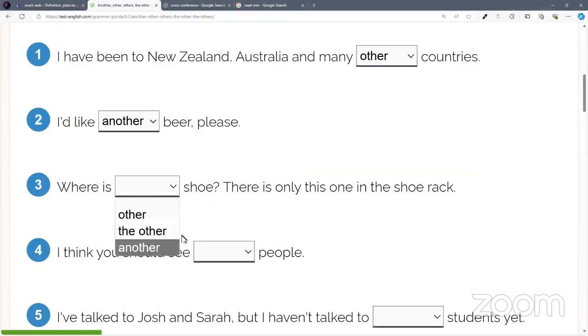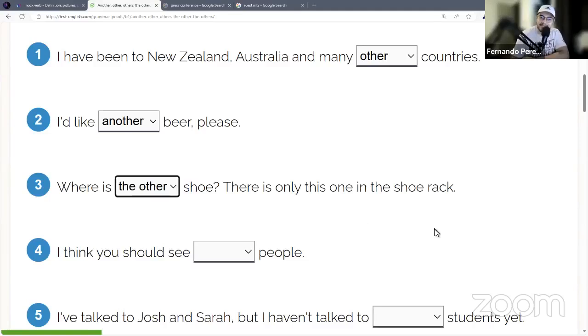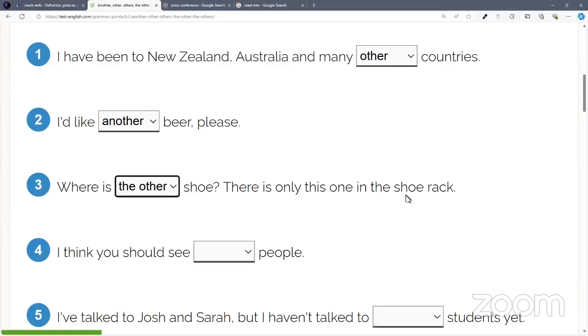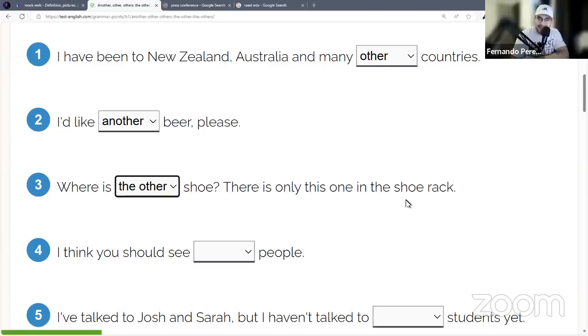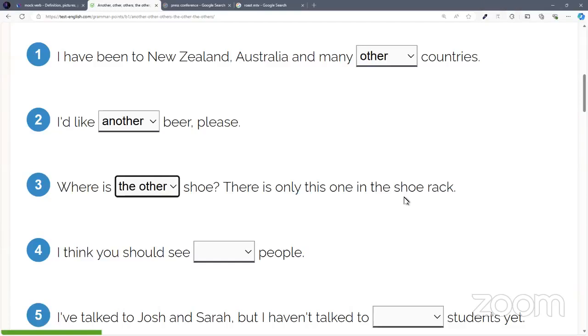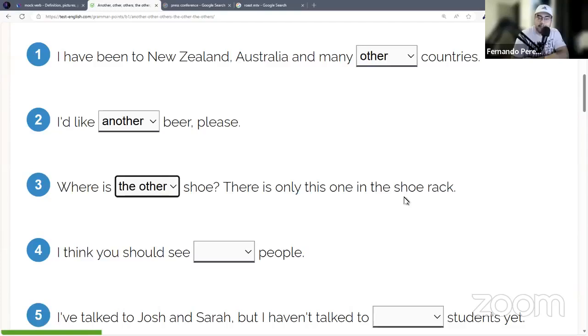Correct. Where is the other shoe? Did you understand? Yes, because two units, only 2, same team. Exactly. It's like a pair. A pair of things. Right?